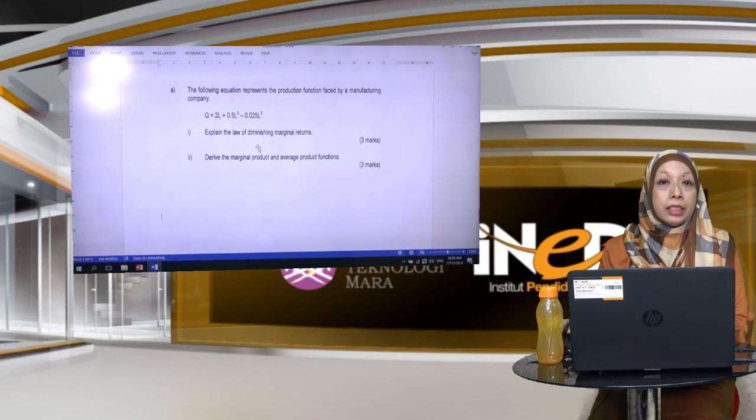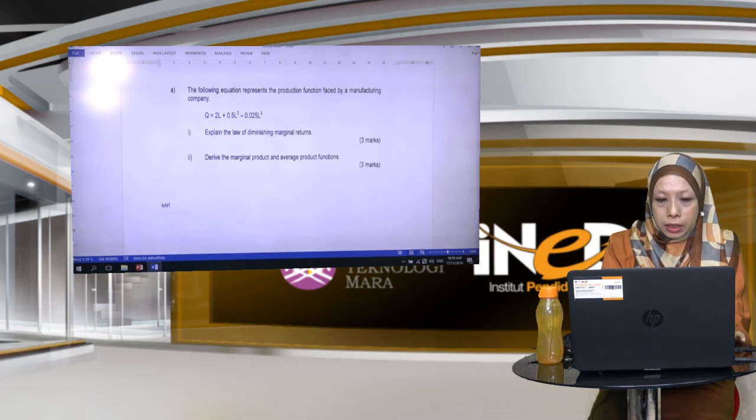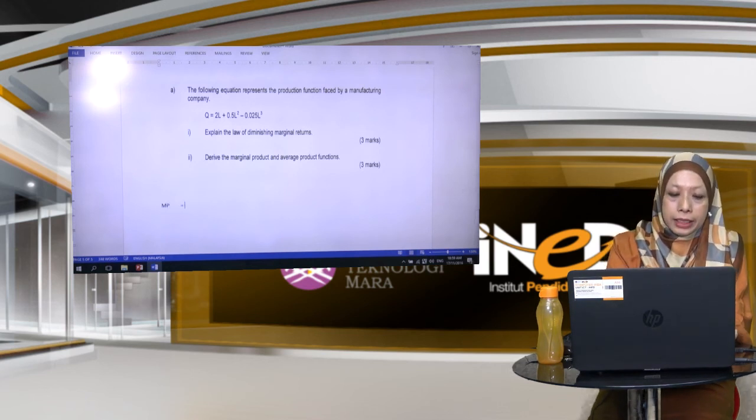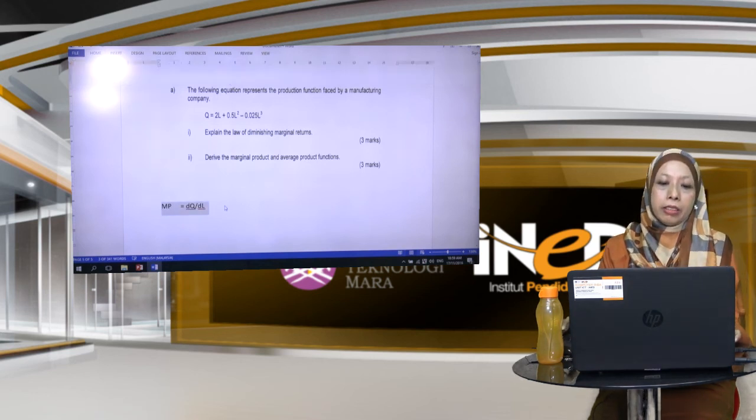Now let's look at the second question. The second question wants you to derive the marginal product and average product functions. Marginal product is the derivative of the production function. Let's enlarge the font a bit so that it is much clearer.